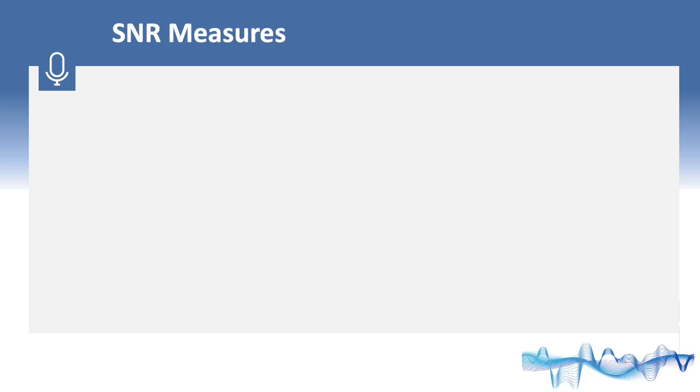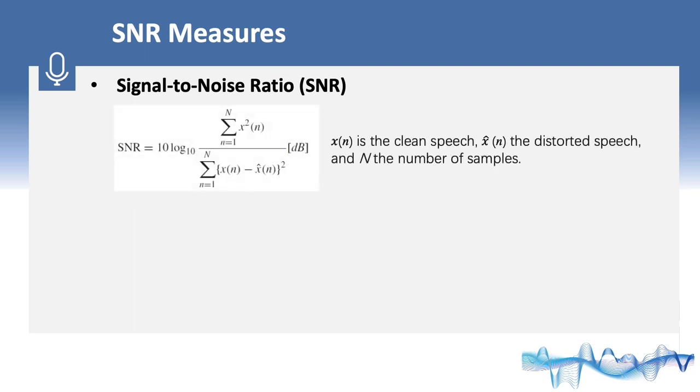As to objective speech quality tests, SNR, signal-to-noise ratio, is one of the oldest and most widely used objective measures. It was observed that classical SNR averages the ratio over the entire signal and does not correlate well with speech quality.